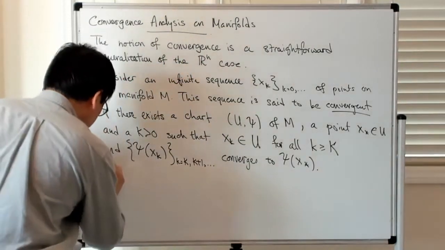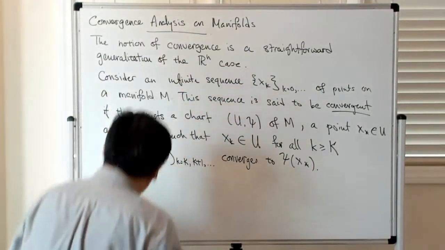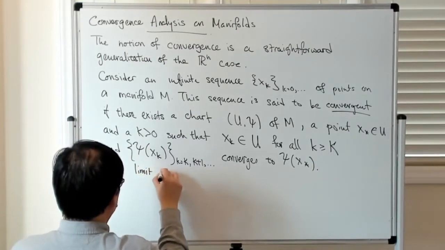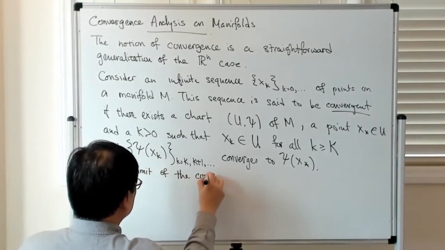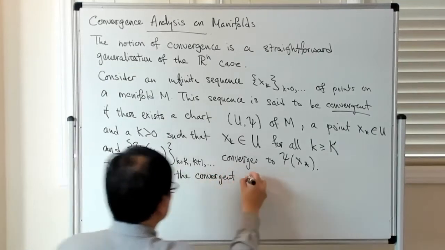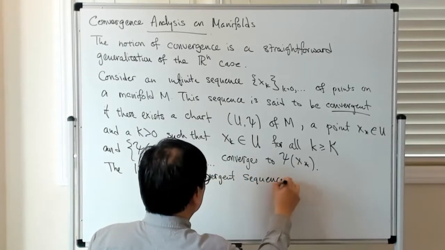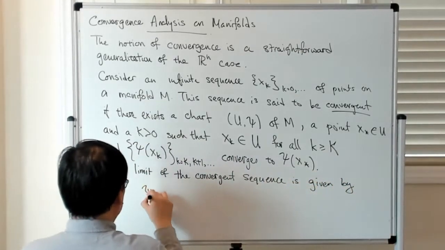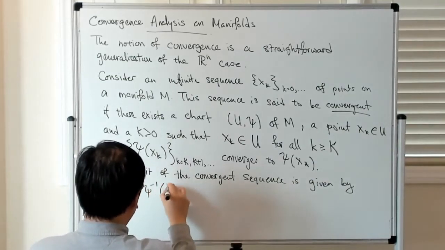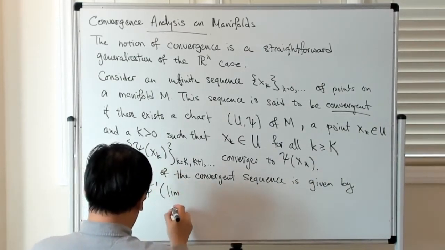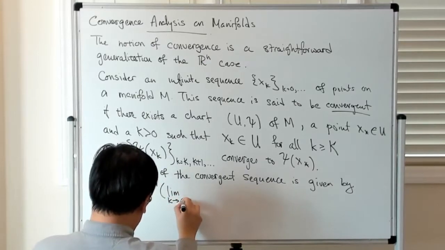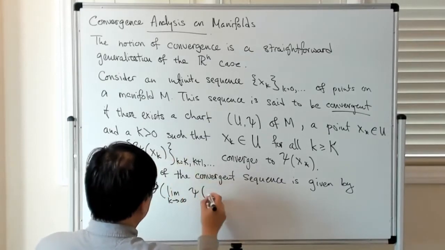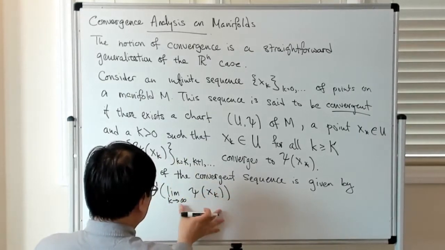So the limit of the convergent sequence is given by the inverse of the chart applied to the limit of the image of these points in Rn, right?